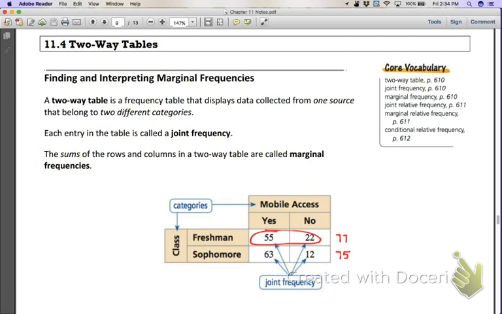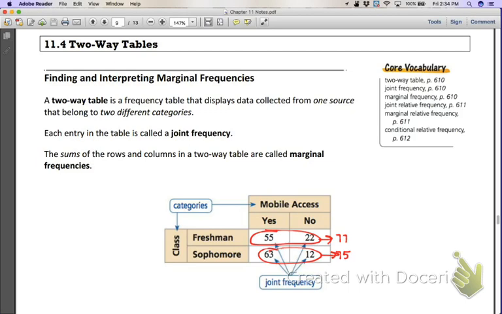With each of those values, if you want to know the total, it would just be out to the side. So if it asks how many freshmen we talked to, well, we talked to 55 plus 22, so there were 77. Same way with the sophomores, there were 75 because we just add straight across.